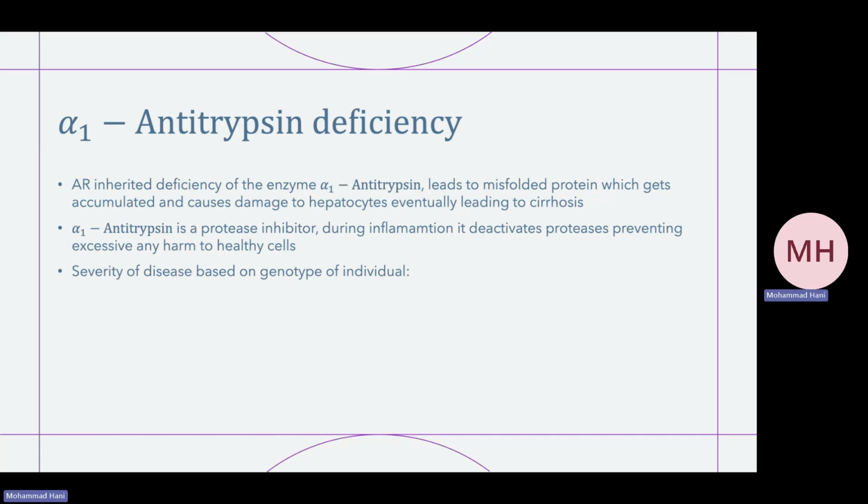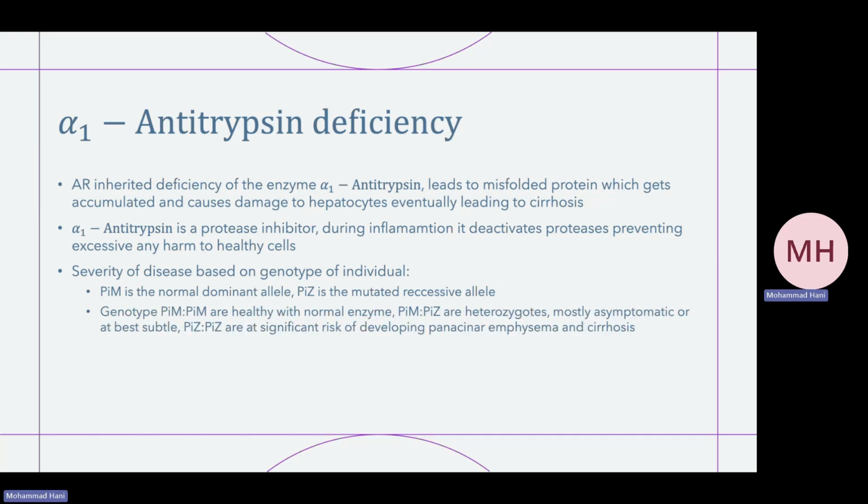Then the severity of the disease is based on the genotype of the individual. So PiM is the normal dominant allele, whereas PiZ is the most significant mutated recessive allele, the clinically significant one.